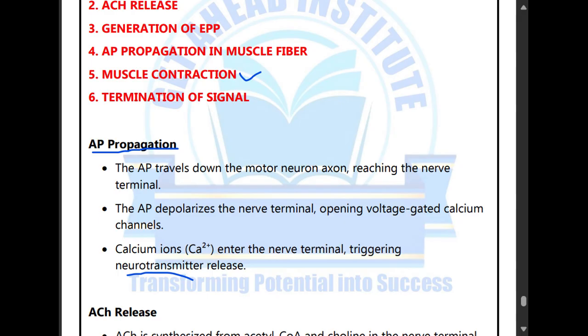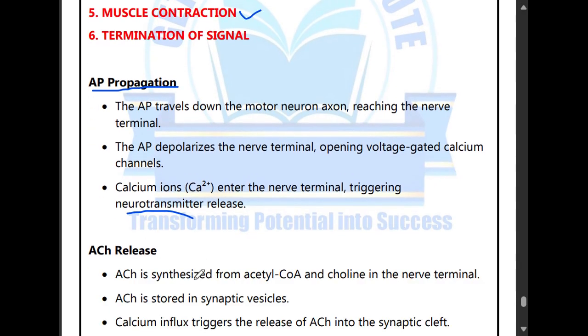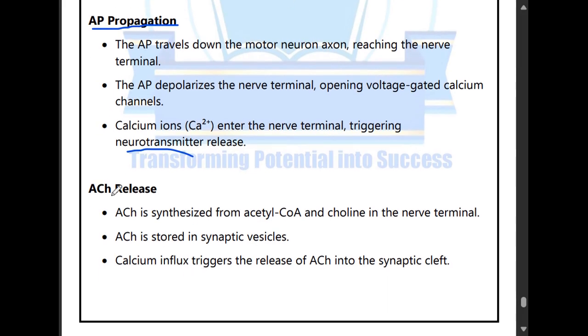The increase in intracellular calcium ions triggers the release of the neurotransmitter, which is acetylcholine, from the vesicles into the synaptic cleft through the process known as exocytosis. With that being said, it leads us to the second subheading, which is acetylcholine release.